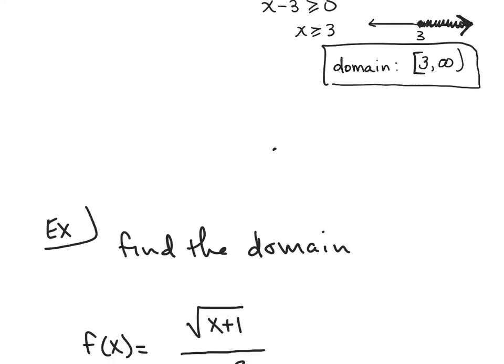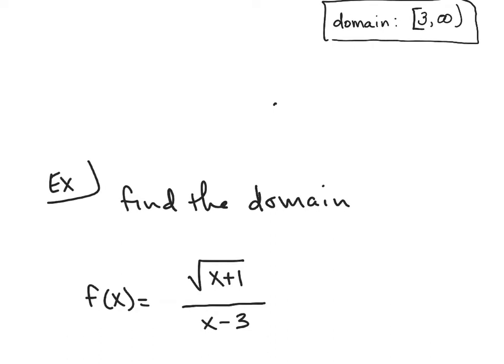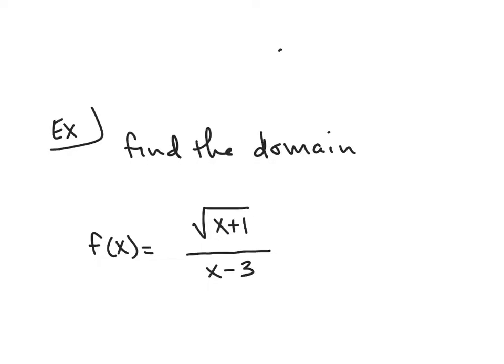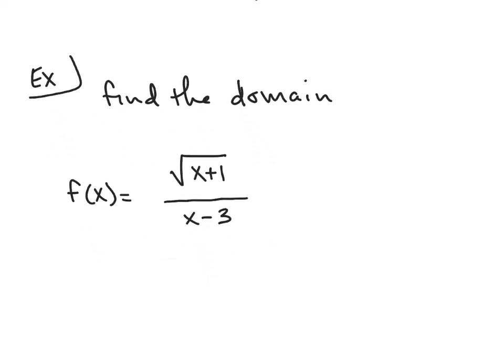So one more to look at that kind of combines both of those ideas: we have a rational function with a square root in it. There's a couple of things to consider when looking at the domain. First of all, we have a problem in the denominator where you can't divide by 0, so x cannot equal 3 is part of our domain restrictions.